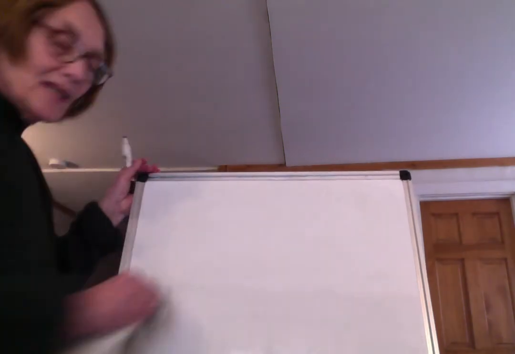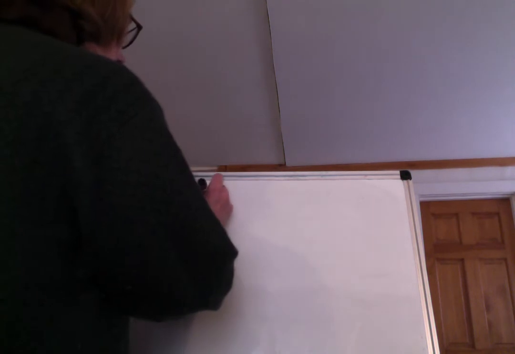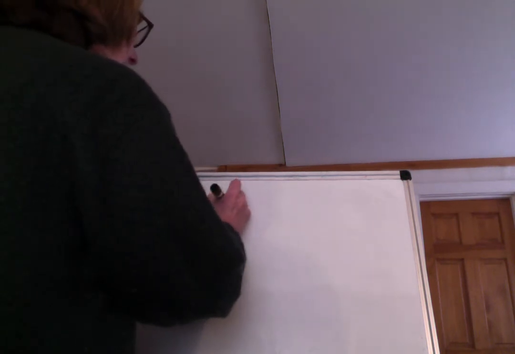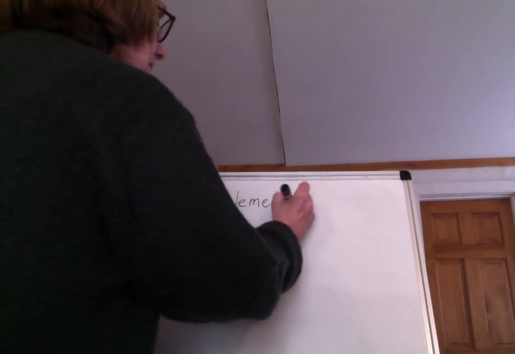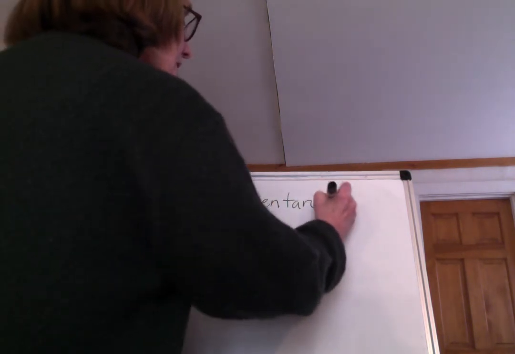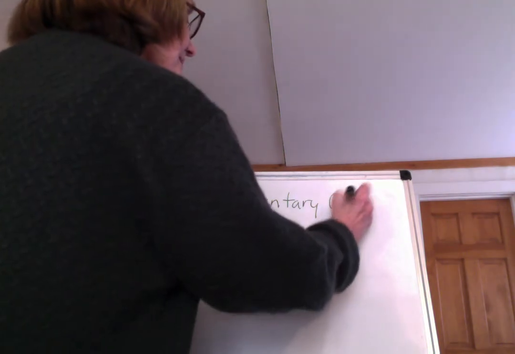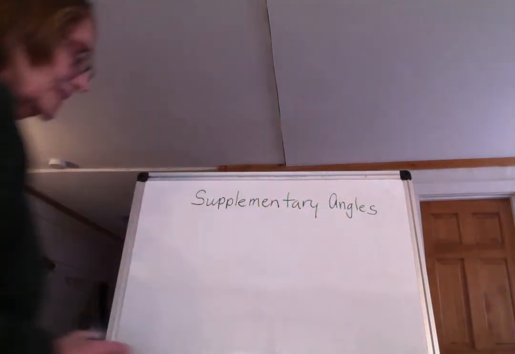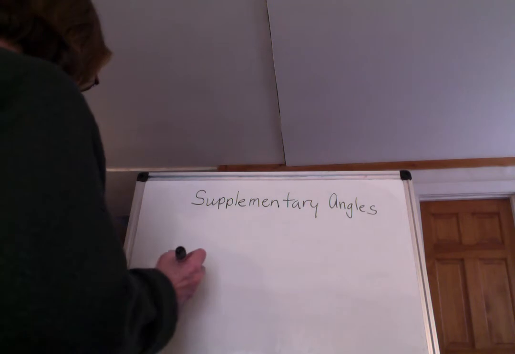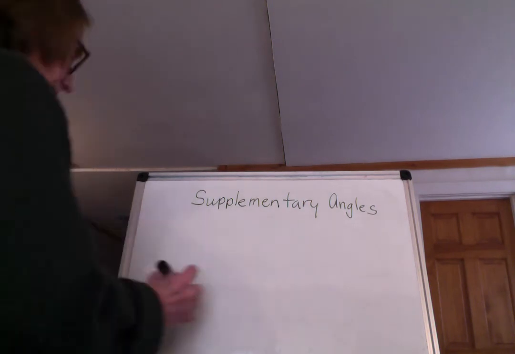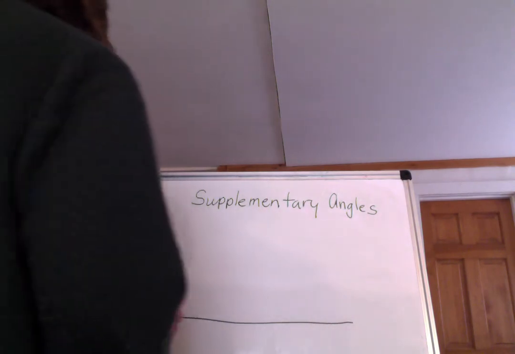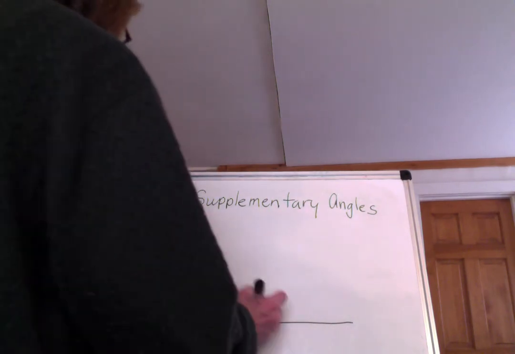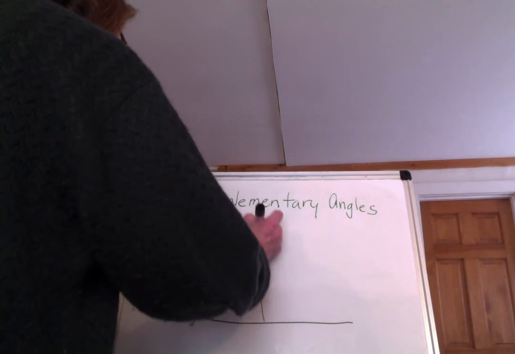Our next set of angles are supplementary angles. See how we can do this one. We have a line, and we have another line. How's that?